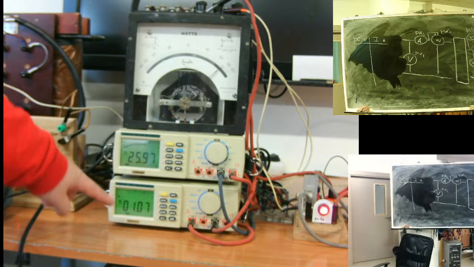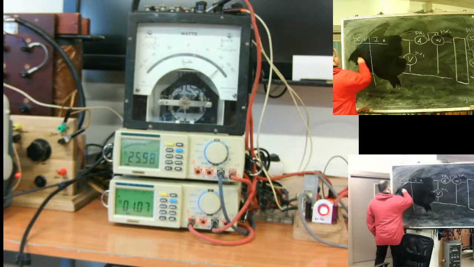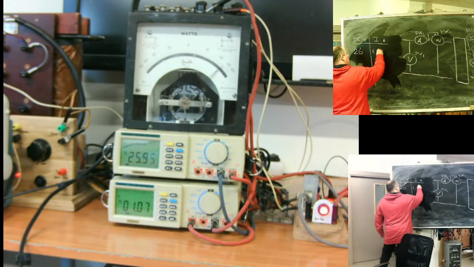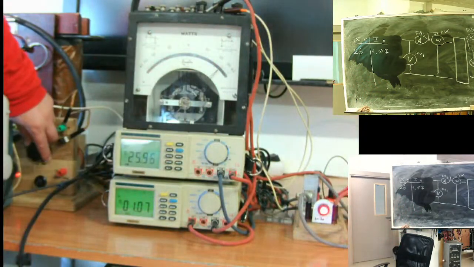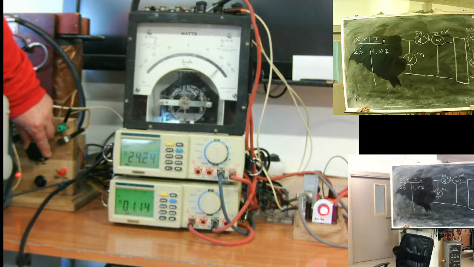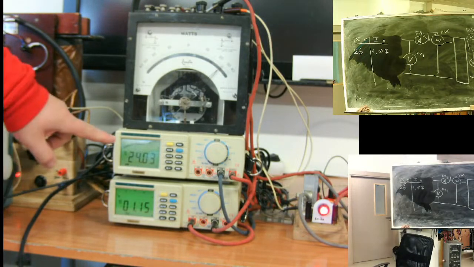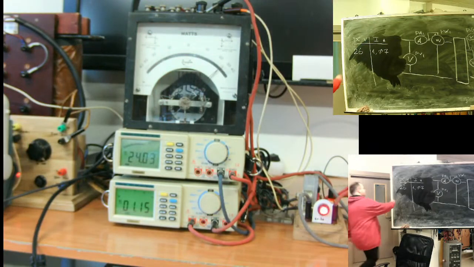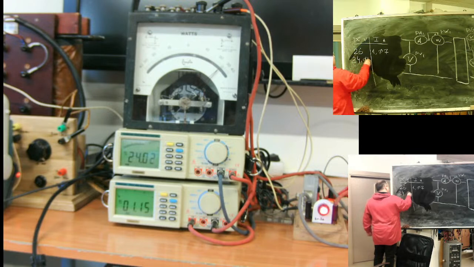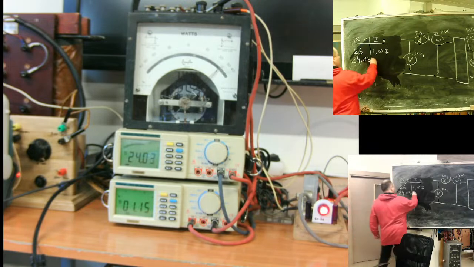You see? 26, 1.07. I can write here: 26, 1.07. Okay. Then 24 volts, 1.15 amps.